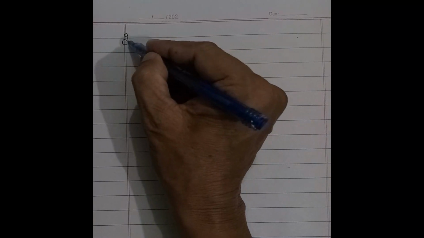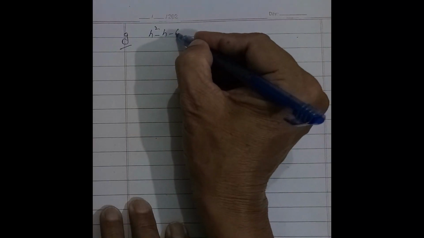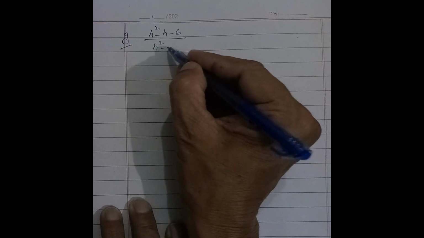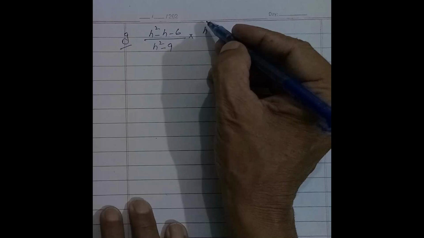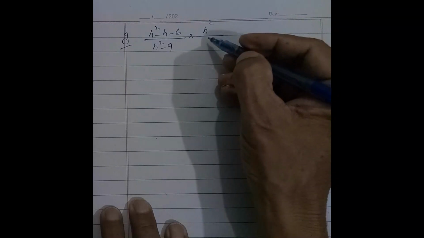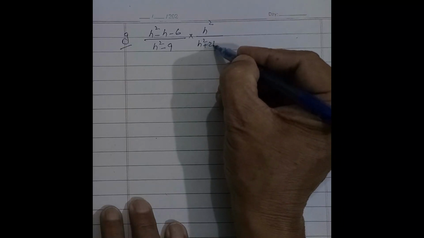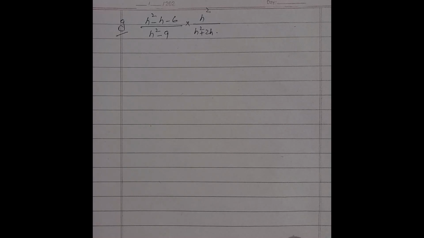G part of the question is h² minus h minus 6 over h² minus 9, multiplied by h² over h² plus 2h. So first we factorize the values and then solve it.